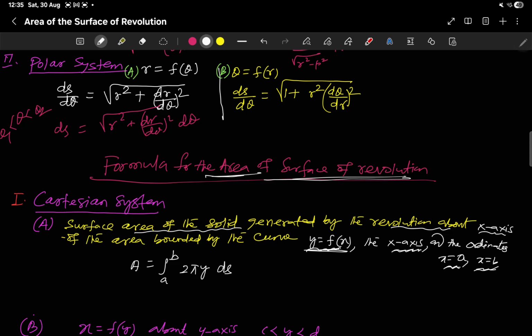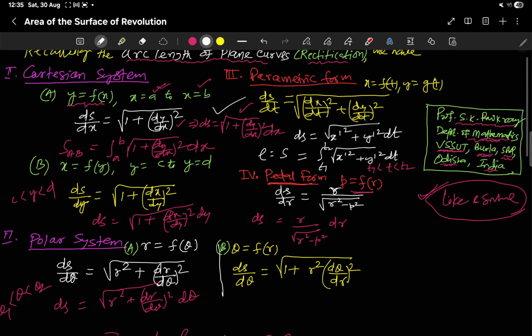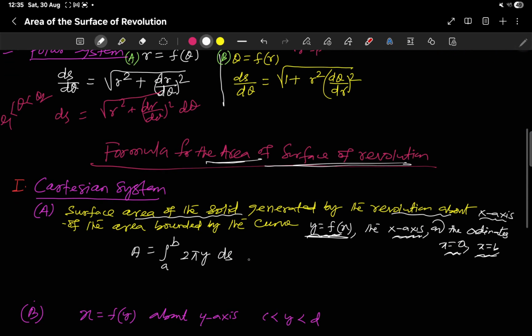Now what is this ds? We can write it as the integral from a to b of 2 pi y times the square root of 1 plus (dy by dx) whole square dx.